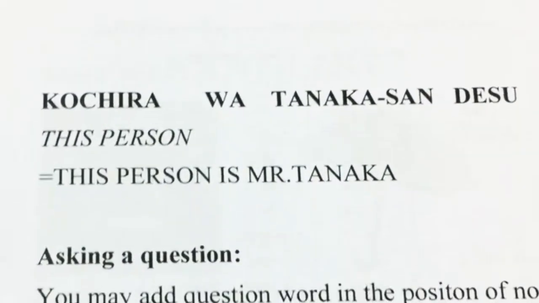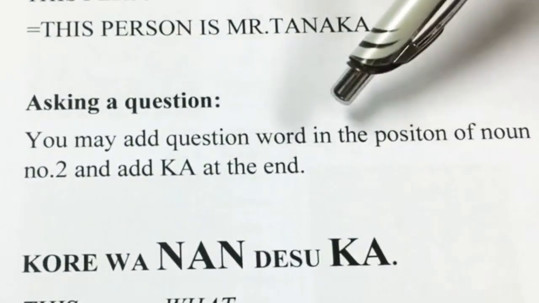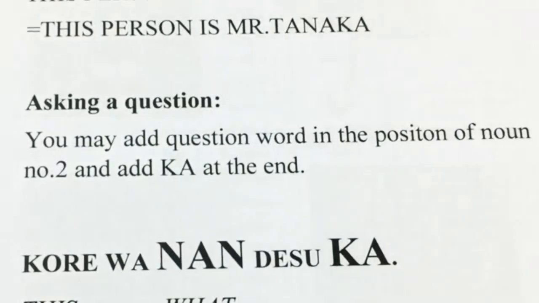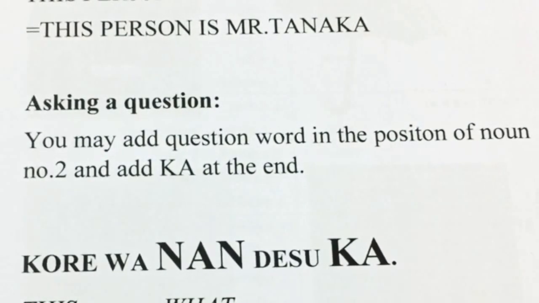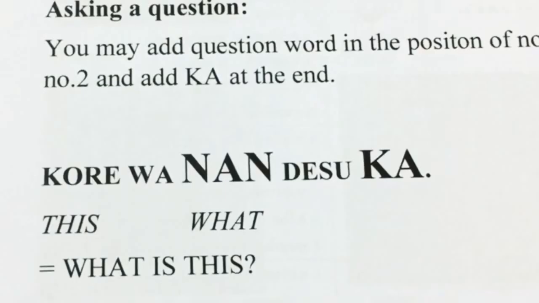Now, you can also add the question word if you know question words, right? What, when, where, why, how much, how many, how, something like that. Those question words we're going to study later, but today we study two of them first.